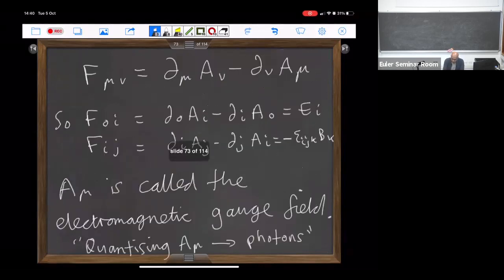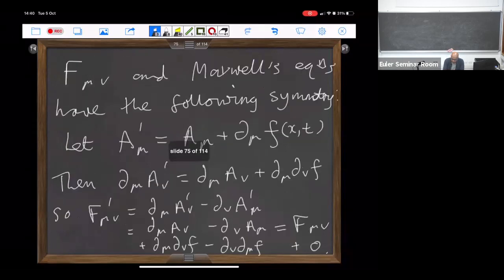What we're going to see is that this system has a huge set of symmetries. And this symmetry is defined in the following way. Let's say that I was given A mu and I shifted it by the derivative of some function, any function that has a derivative.